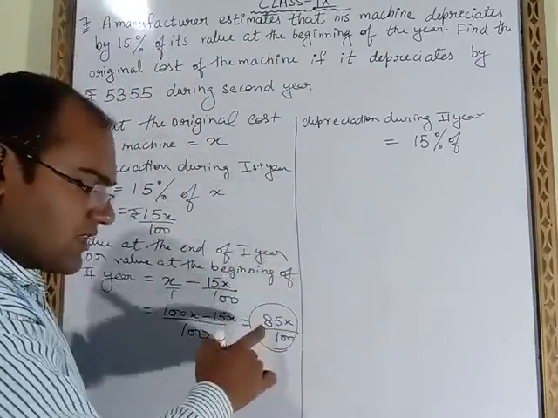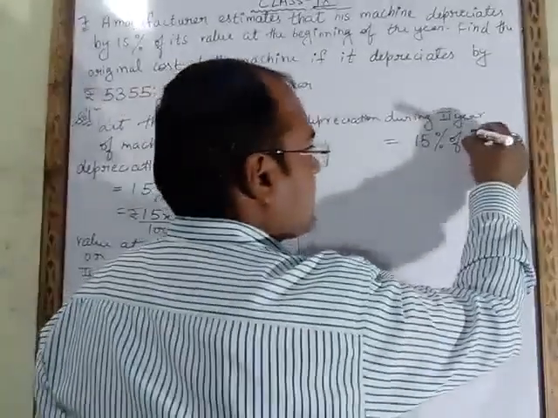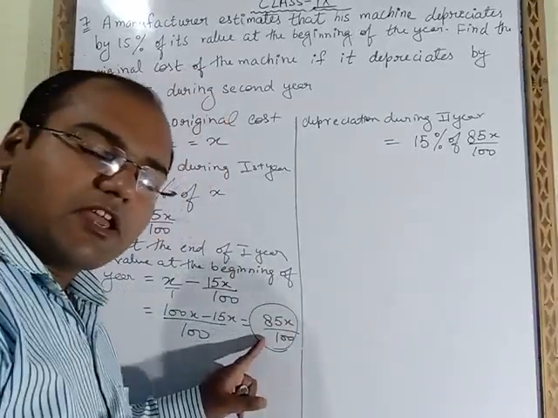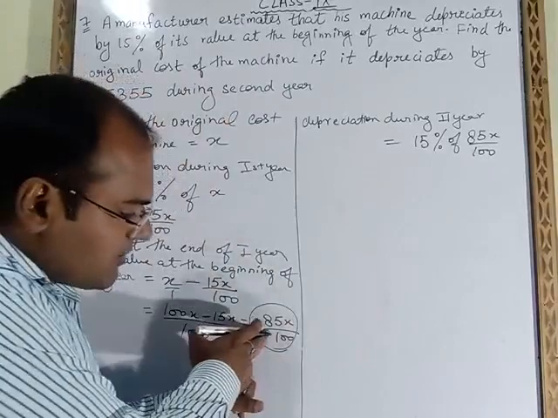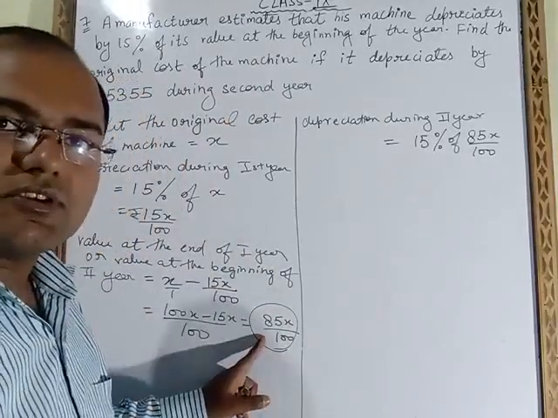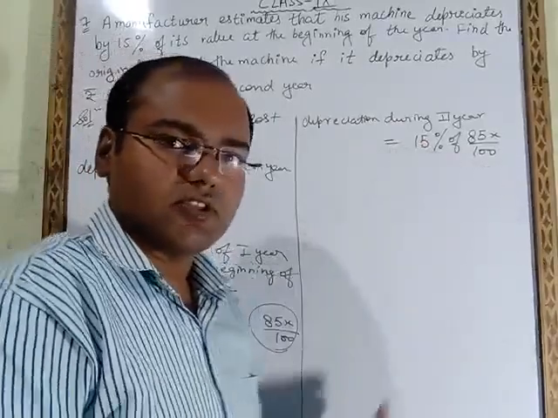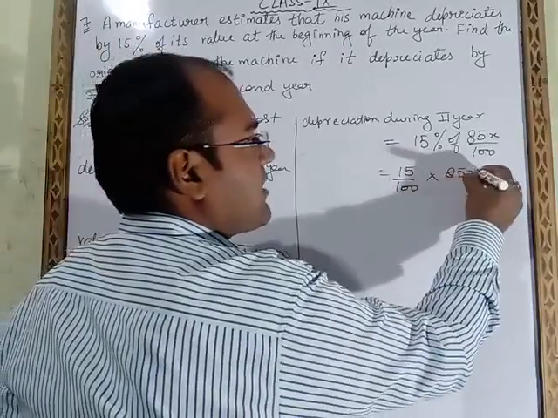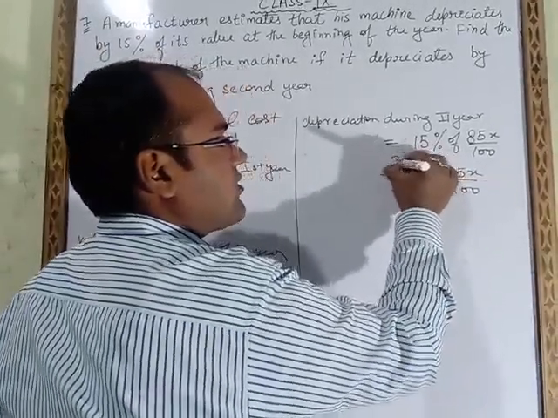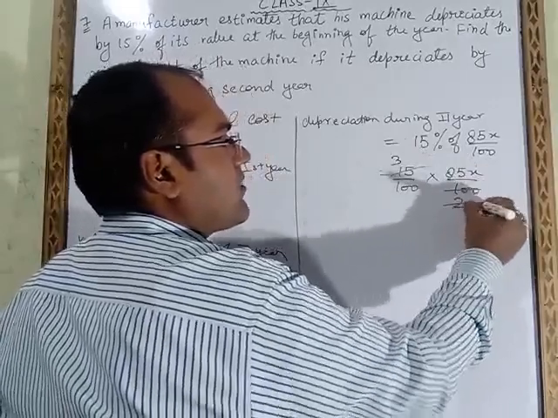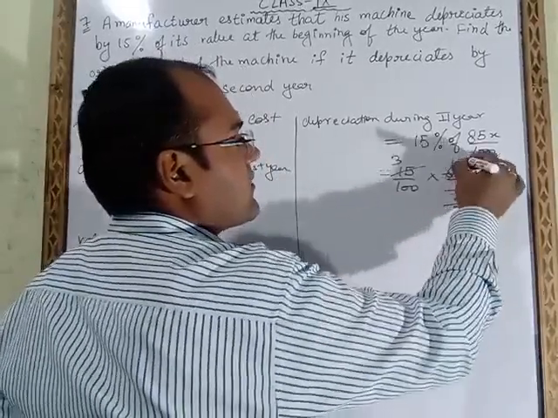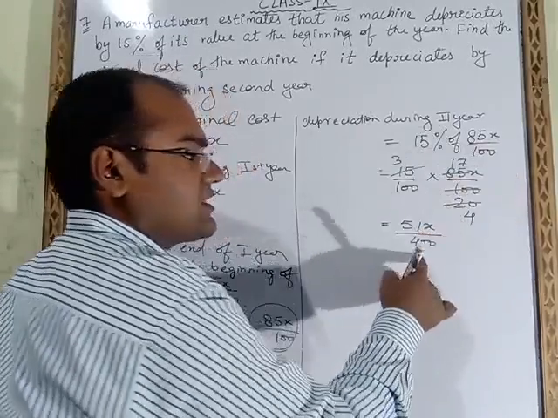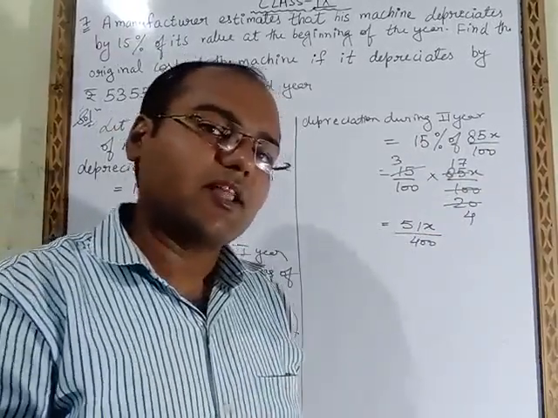So 15% of this value we have to find: 15 upon 100 into 85x upon 100. Now we will cancel these. 5 threes are 15, 5 twenties are 100, 5 fours are 20, 5 ones are 5, 5 sevens are 35. 51x upon 400 is the value which is depreciated in the second year.